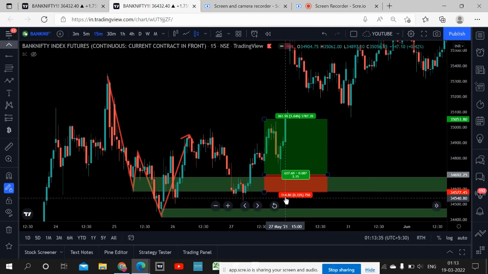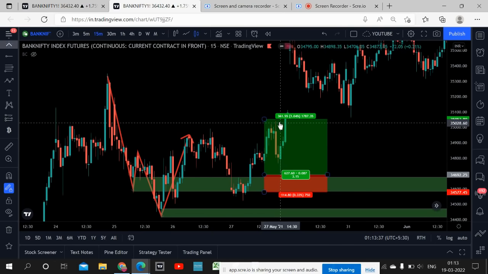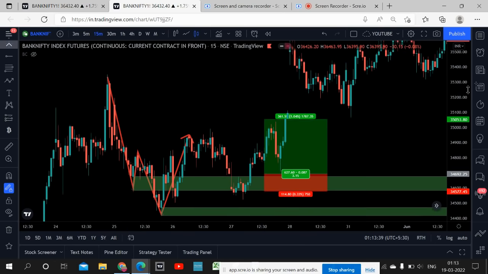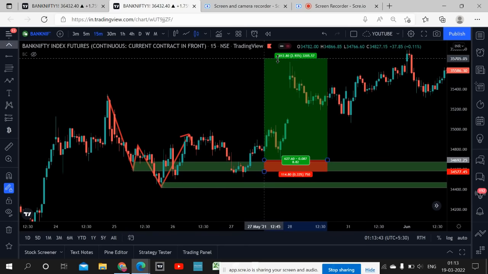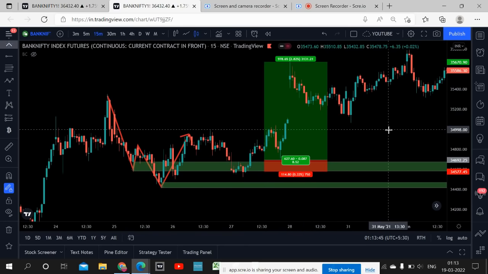For a stop loss of 114 points, it has given the first target of 361, which is nothing but 1 is to 3, and the higher point given on the next day is 970 points, which is nothing but 1000 points.